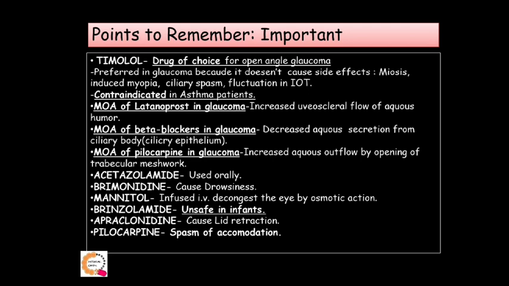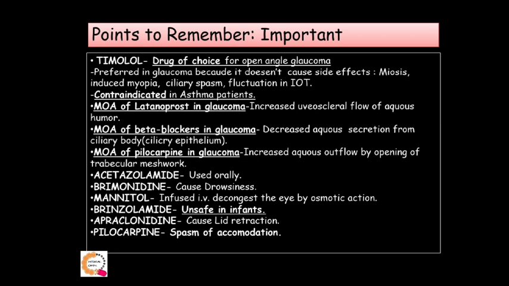And these are some points which are very important from your exam point of view. This beta blocker drug is a beta 1 selective drug, and this one is a beta 2 selective drug, and it is timolol. And timolol is the drug of choice for open angle glaucoma.